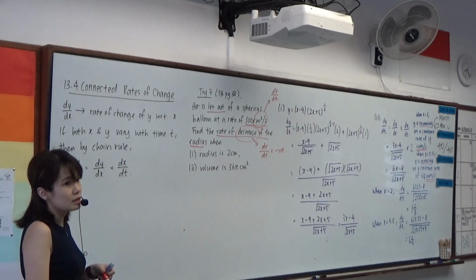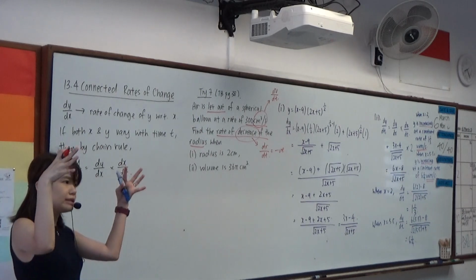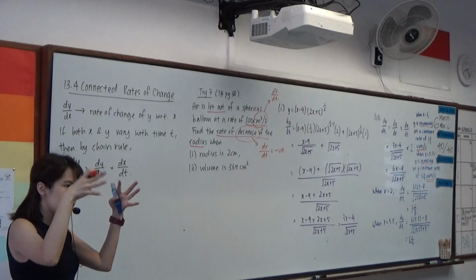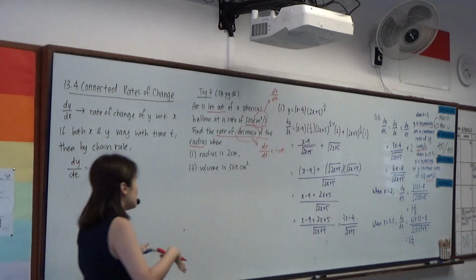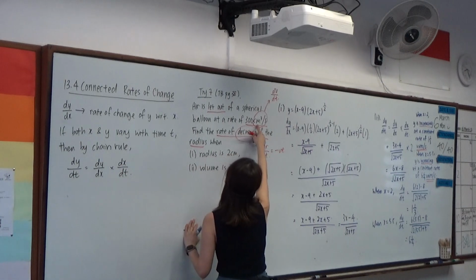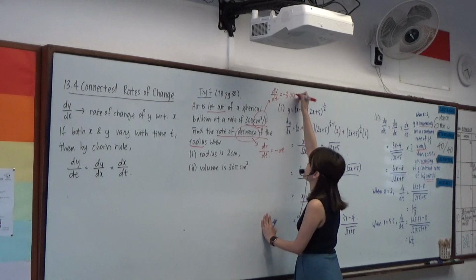When we're talking about air being let out, that means your balloon itself is decreasing in size. So you must be able to associate the words letting out with decreasing. So actually 300 cm cube per second is a dV over dt of negative 300.